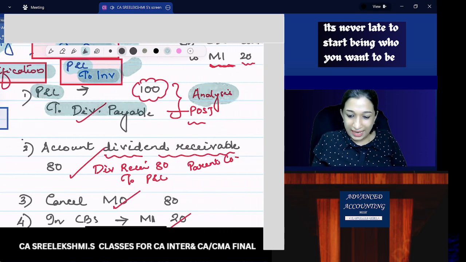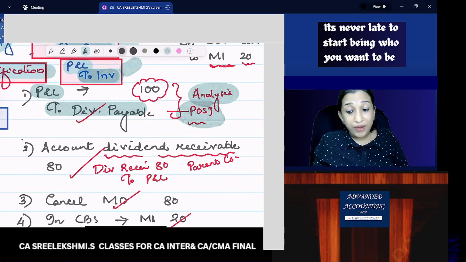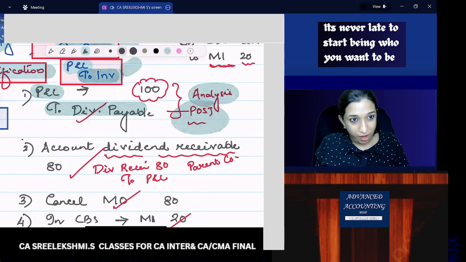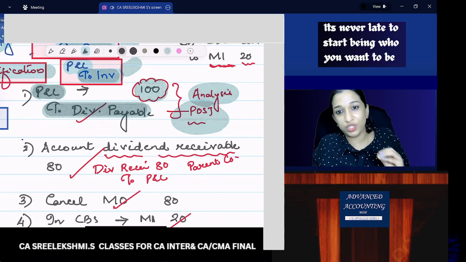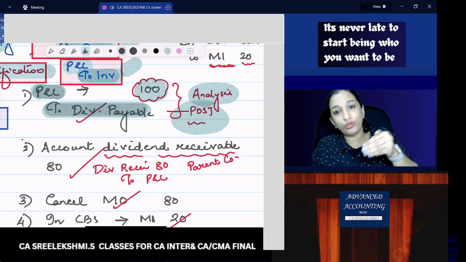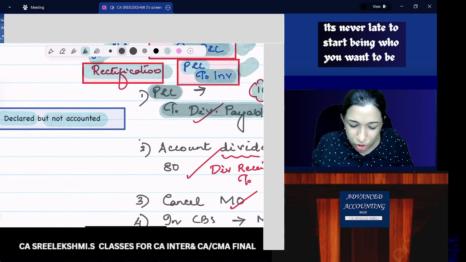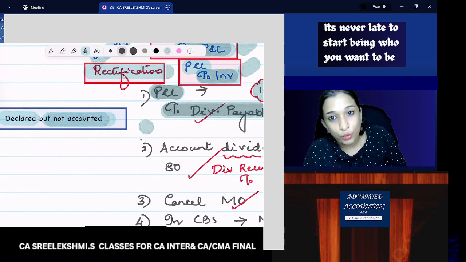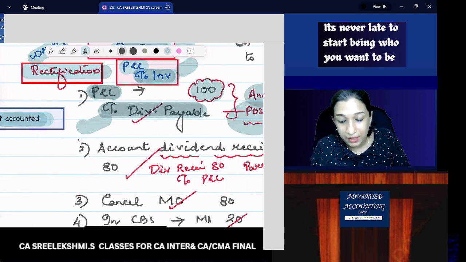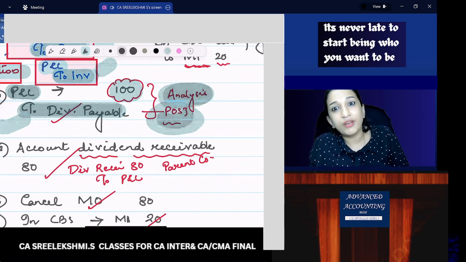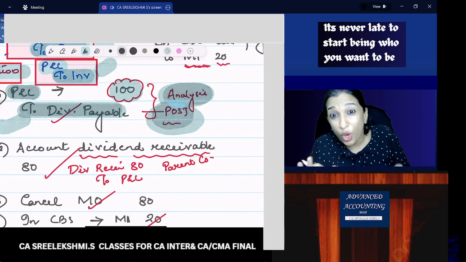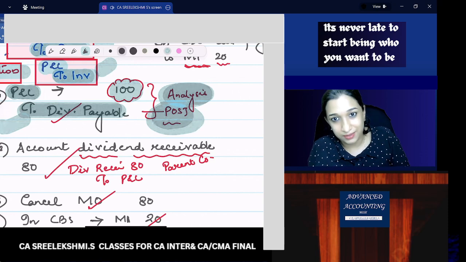When you do the analysis of reserves from the post acquisition profits, you deduct the dividend payable. So in the subsidiary's books, you account from the post acquisition profits, P&L to dividend payable. Since it is not accounted, you should account P&L to dividend payable in our step 3 analysis, deducting from the post acquisition profits.